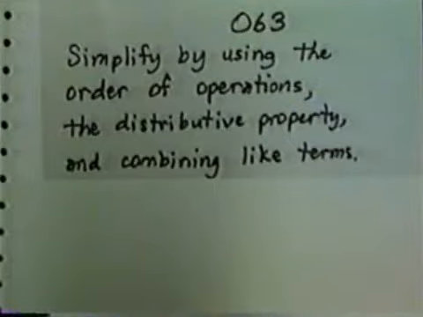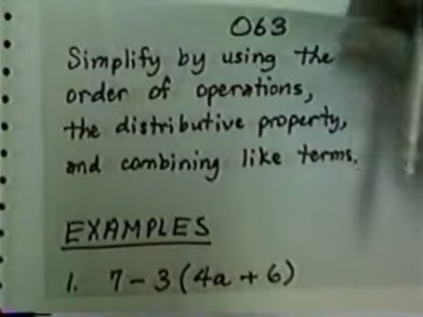We use several number properties to combine like terms, but our process will be to use the order of operations, the distributive property, and combining like terms as we simplify these expressions. Let's begin with some examples.